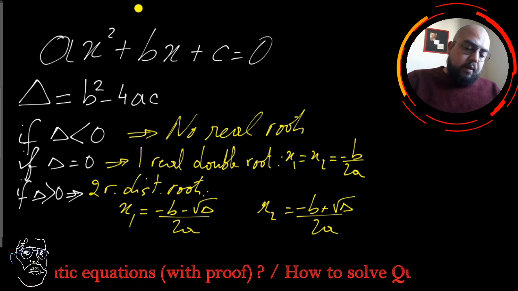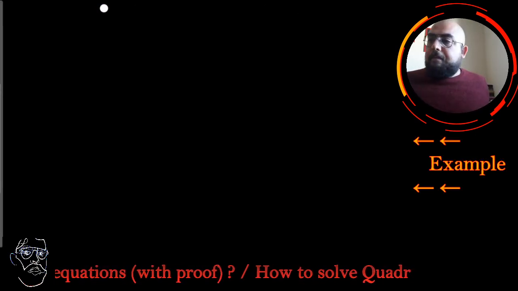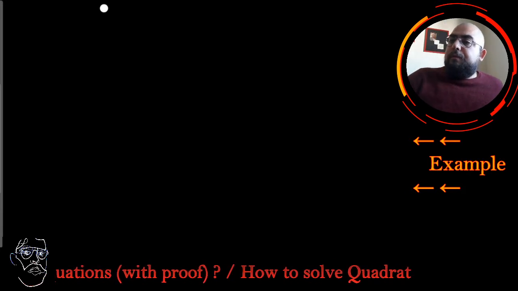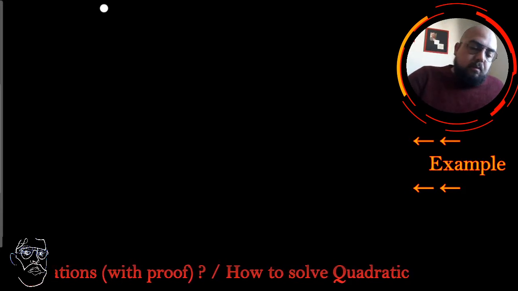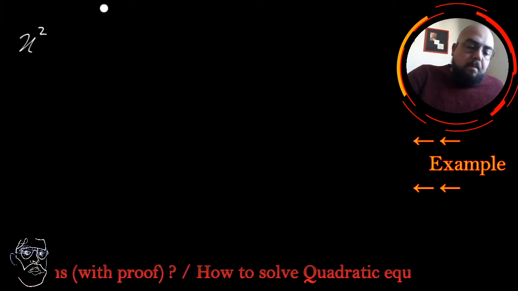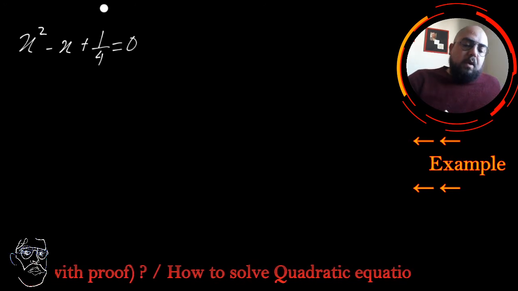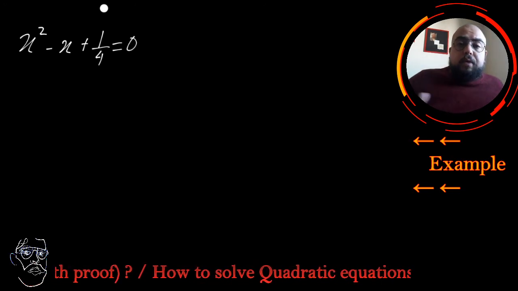I'm going to take a few examples and we're going to discuss each one. The first one: x² − x + 1/4 = 0. Of course, this is the complete form.